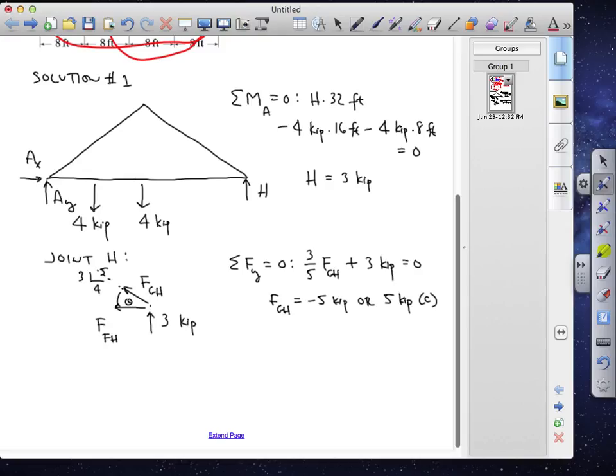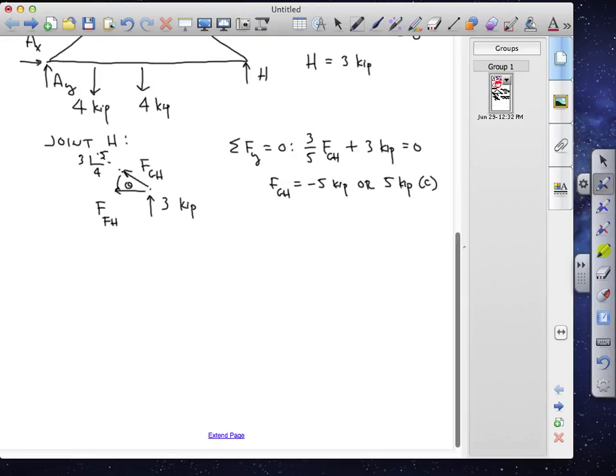We could impose horizontal equilibrium as well to find F_FH, but we don't need to do that. We can now go directly to joint E, since we've used the fact that the force carried by EG is the same as the force carried by GH.